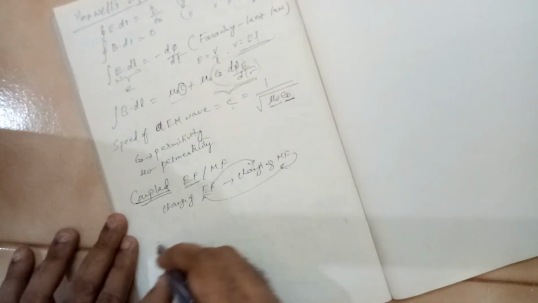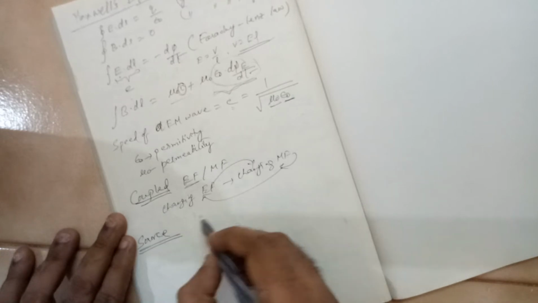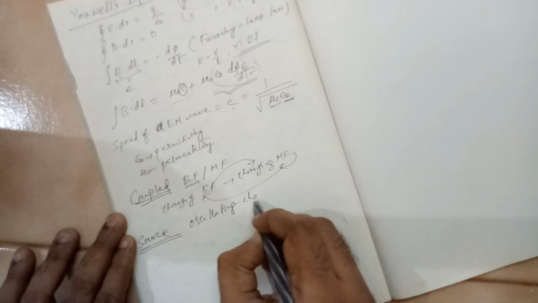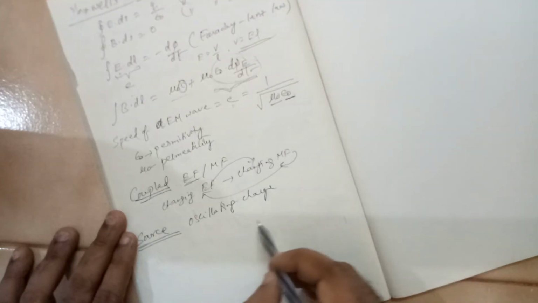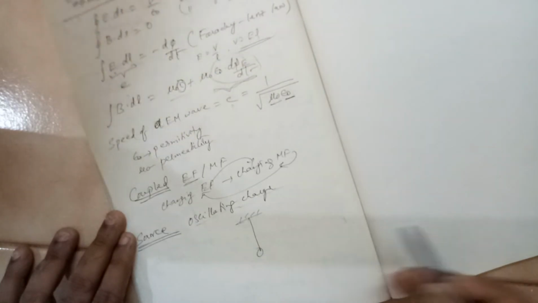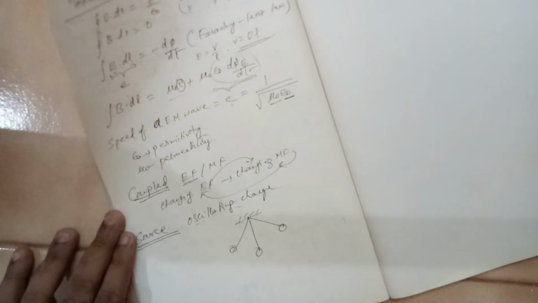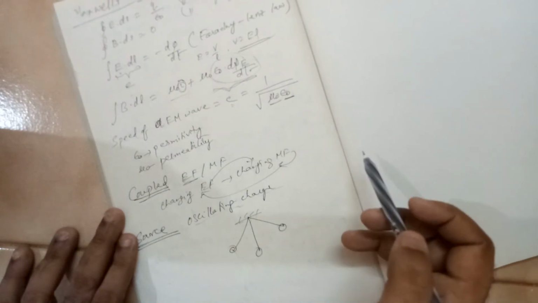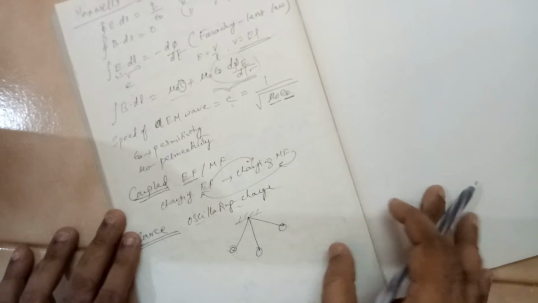If you look at what is the source of electromagnetic wave, the source is any oscillating charge. Correct? Whenever we talk about oscillation, the first thing we remember is a pendulum which is oscillating. You can imagine the charge like a pendulum oscillating about its mean position.